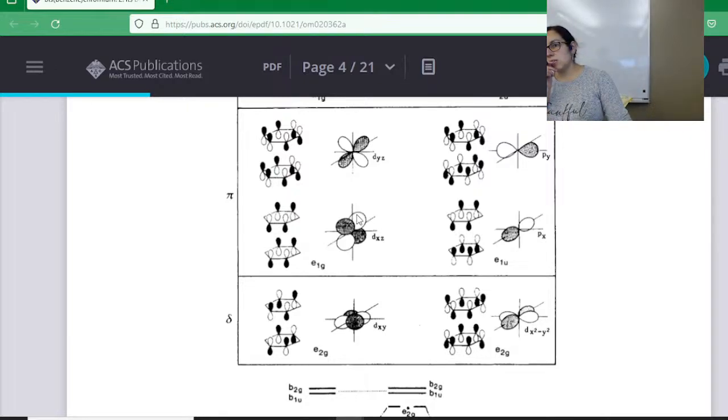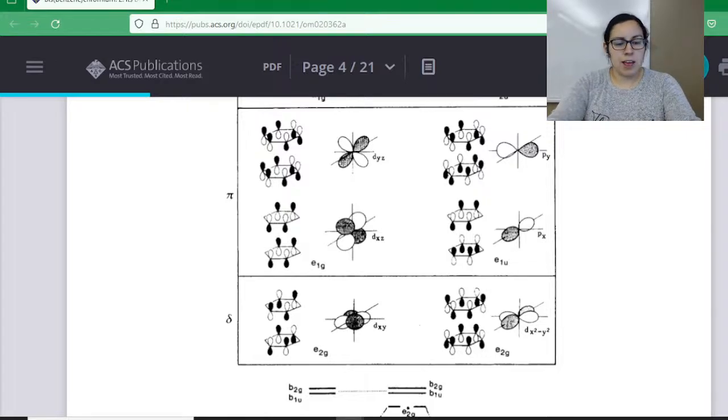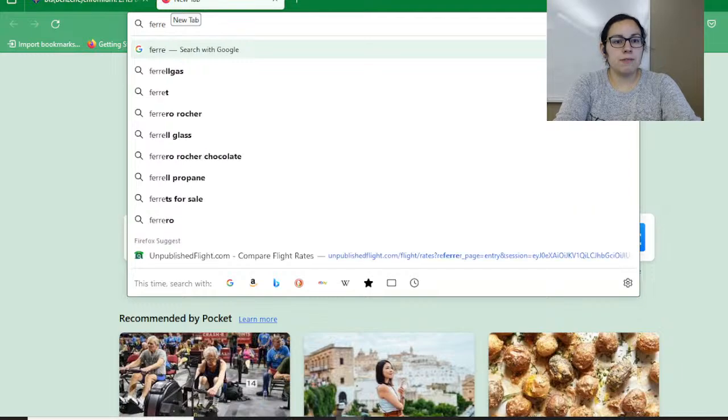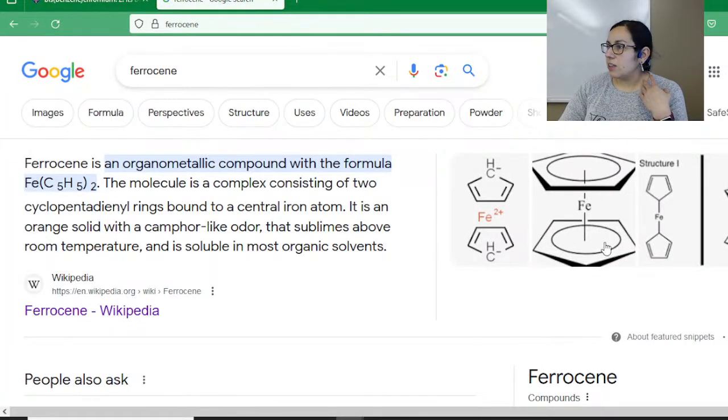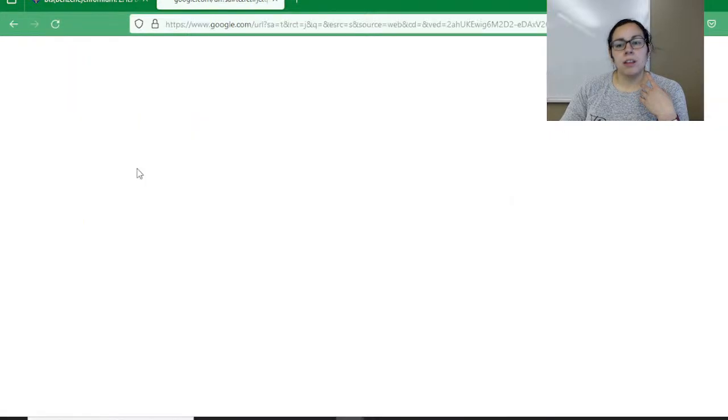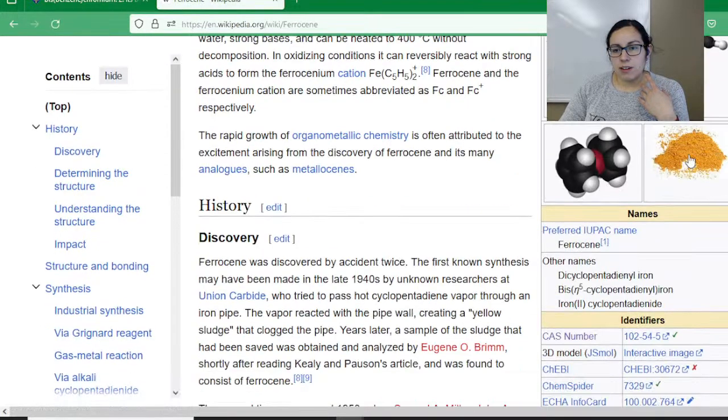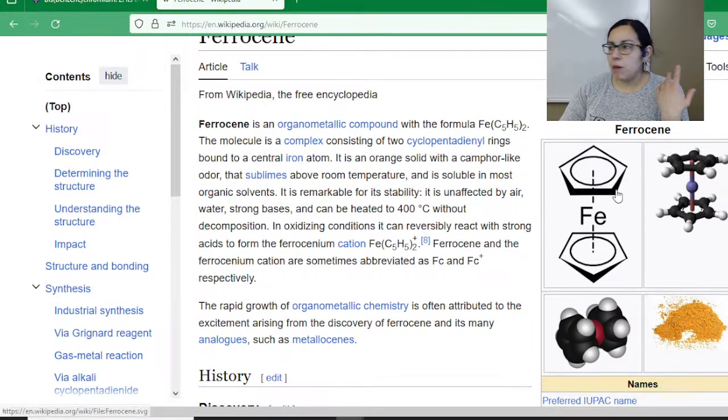Yeah. Is it similar to the structure of carbon fiber? I don't think so. Carbon fiber I think is more amorphous, because these are more like discrete compounds. Other analogs to this would be ferrocene, if I can spell it. So ferrocene is a famous aromatic sandwich compound.